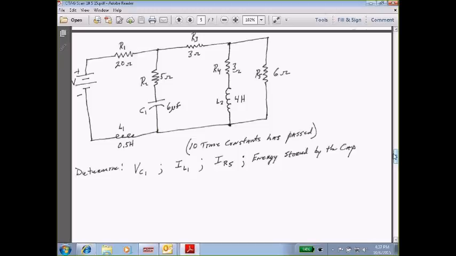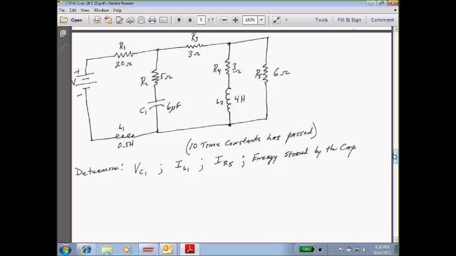Now the current through L1, if we look at that loop, our main loop goes from R1 through R3, and then we have a junction, part of it going through R4, part of it going through R5, joins back together, and flows through L1.